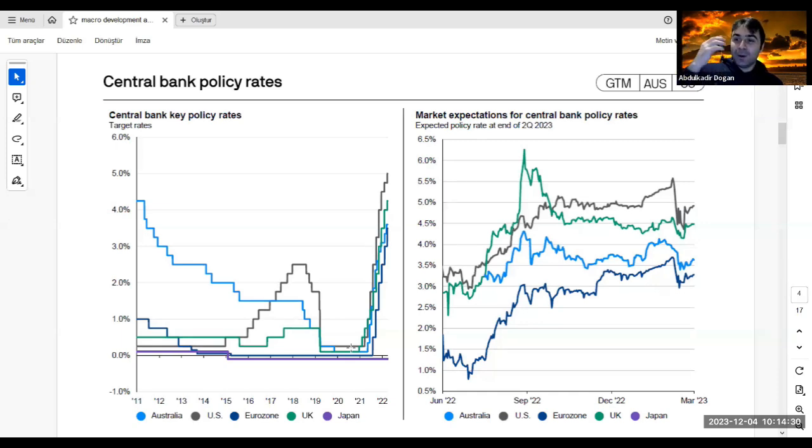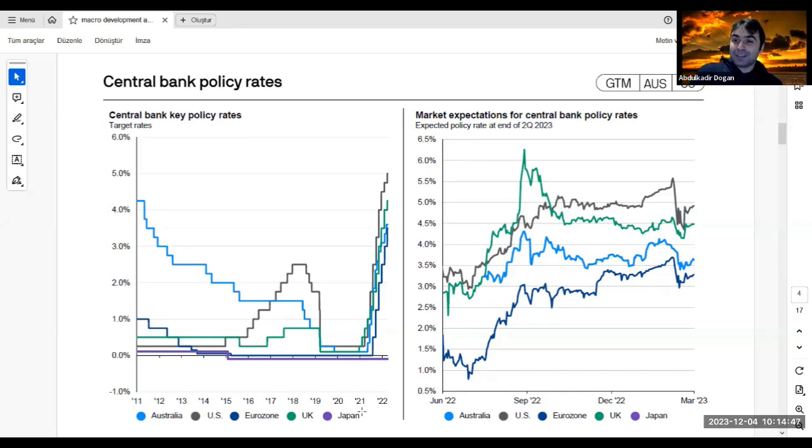So if I have, let's say, a 2% inflation target, and during the COVID crisis the inflation level decreased to the 1% level, I need to increase the inflation to the 2% level again. So I am decreasing the interest rate.